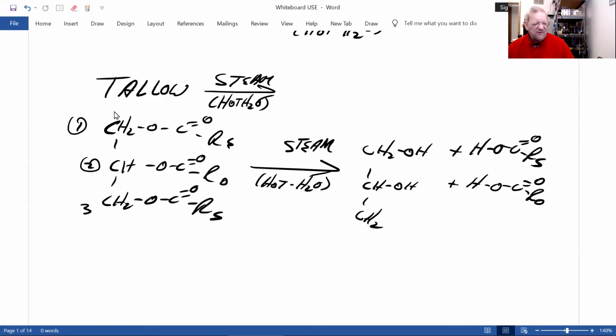And ester number 3 gives me this alcohol plus, if you need to, stearic acid. We'd make glycerin, stearic acid, and oleic acid. And that's how you do it.